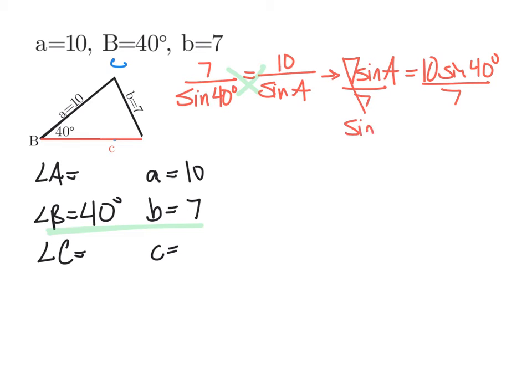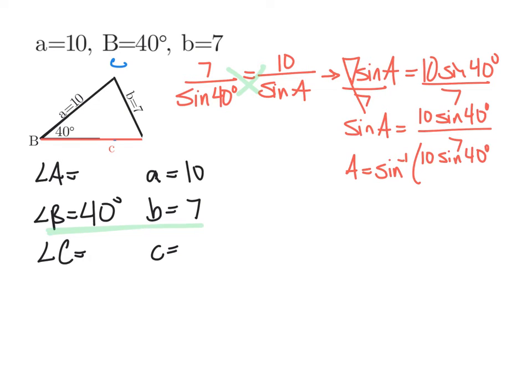Now we're at the sine of A is equal to this ugly little fraction here. Notice that I'm not typing it into my calculator yet. To get A alone, we're going to have to use the inverse sine. So it's going to be the sine inverse of this ugly fraction.